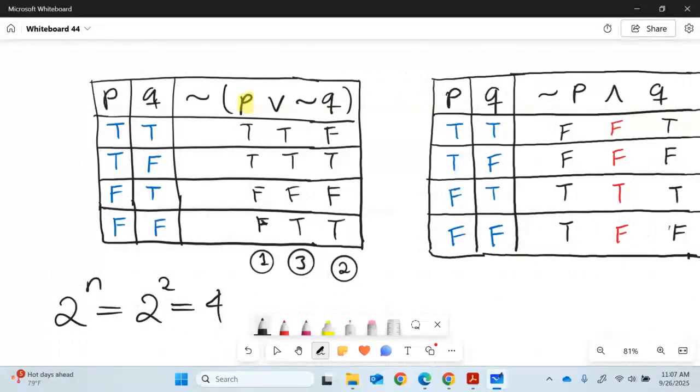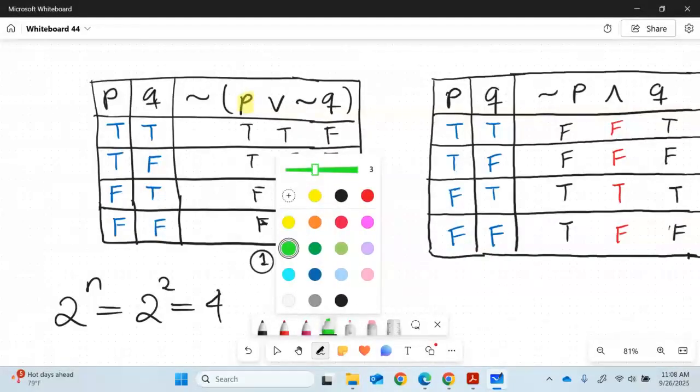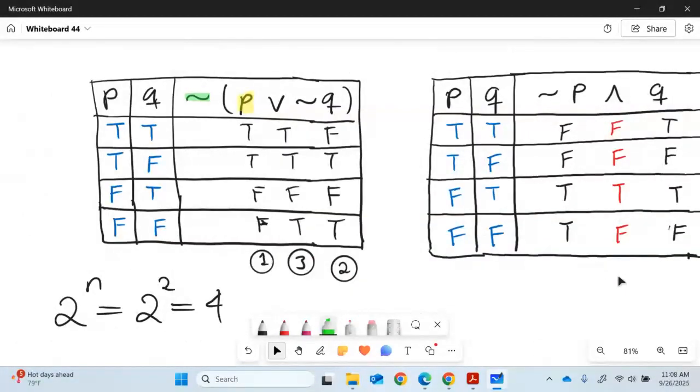Now, column 3 is the answer for the entire parentheses, the final answer of the compound statement that is inside the parentheses. As I create the negation, I am going to do the opposite values only in column number 3.